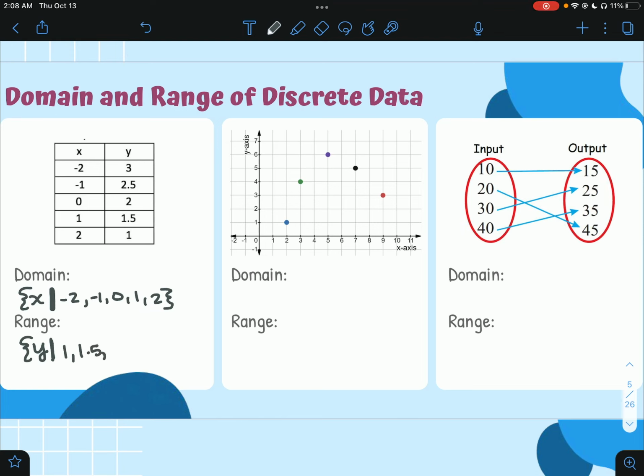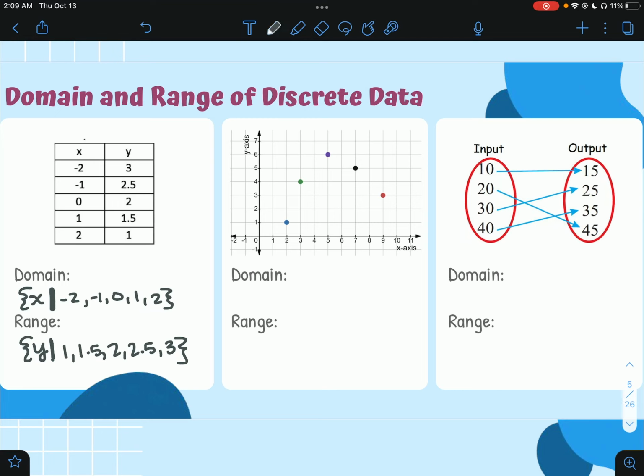And I'm going to list my Y values from least to greatest. So we now have our set of Y values. Now, when reading domain and range, this does not mean that you have the point -2, 1. This simply means that there is a point where the value of X is -2, and there is a point where the value of Y is 1. Those don't necessarily correspond. You're just listing that type of value.